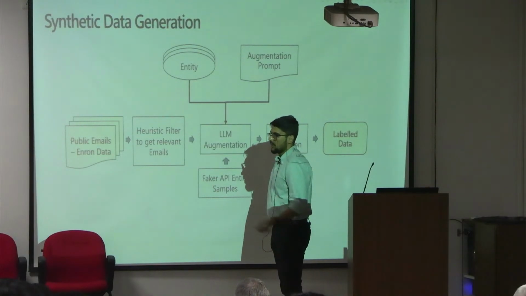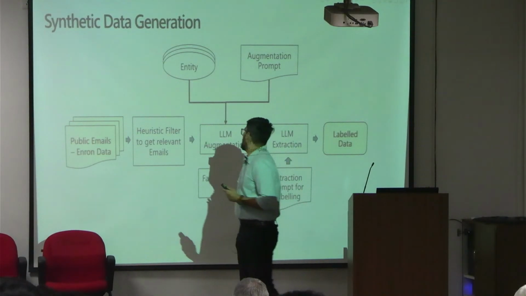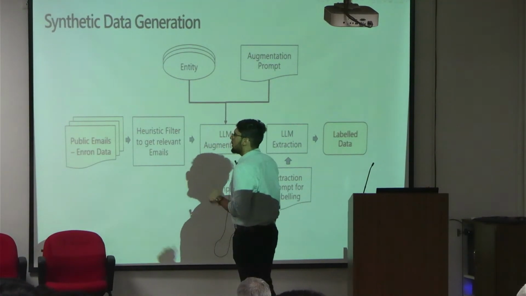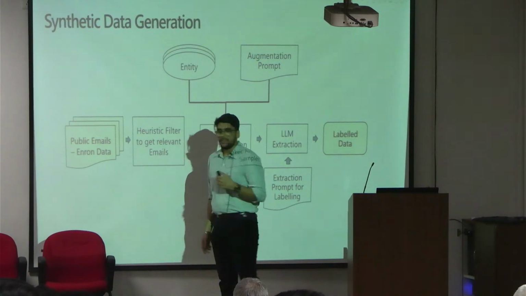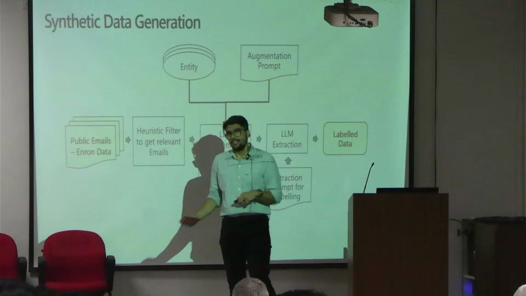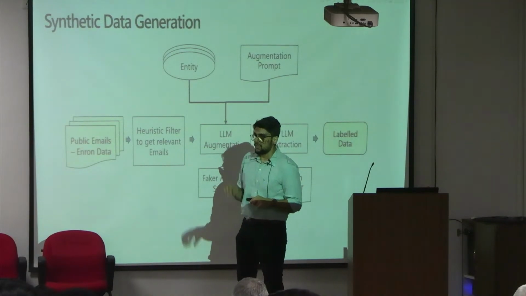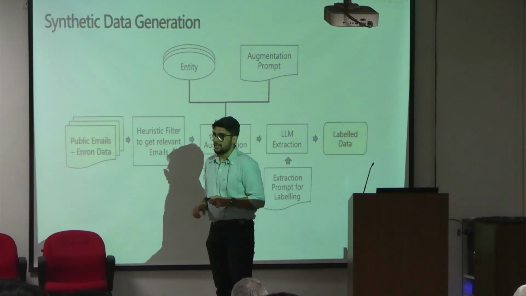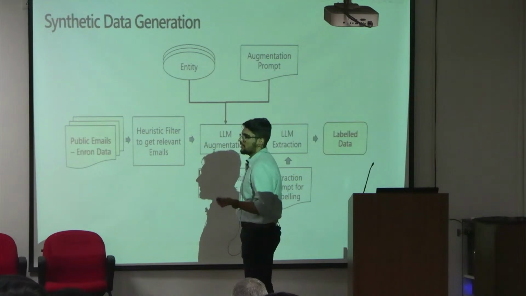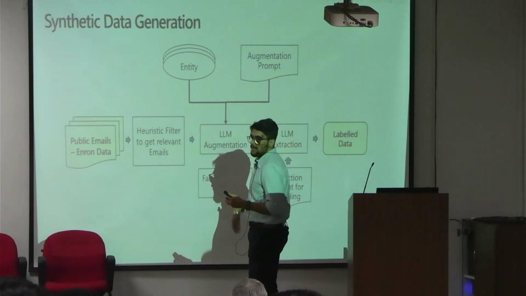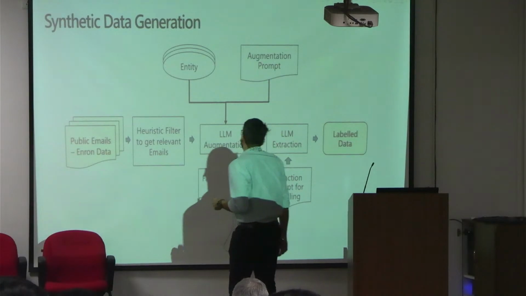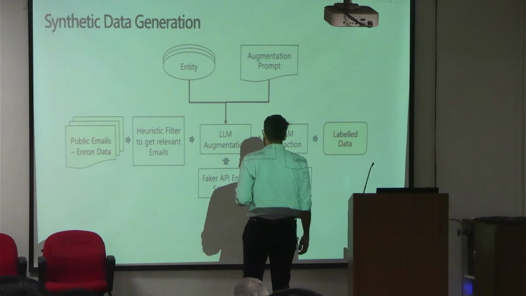We ruled out some of the automated emails first, and then we wrote another prompt, which we here call the augmentation prompt. Using this, we augmented that entity specific data into those emails. So if a particular email does not contain a phone number, then I augment it with a phone number. That's what this augmentation prompt does.